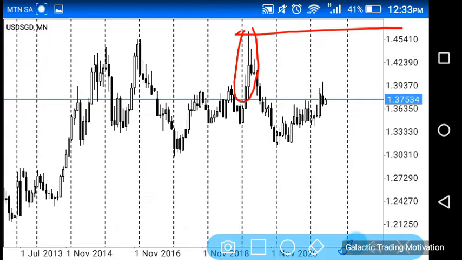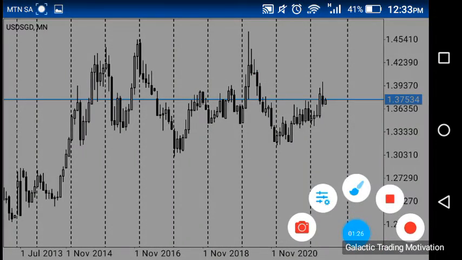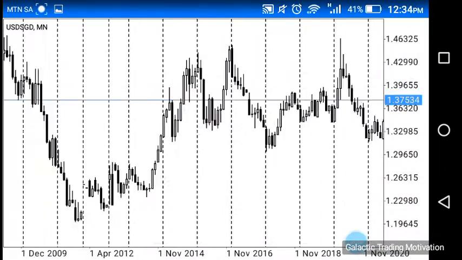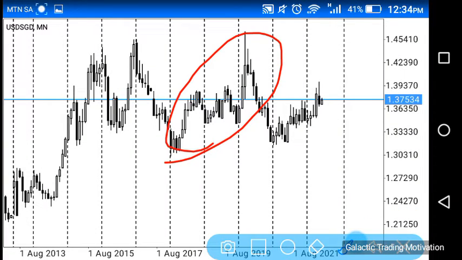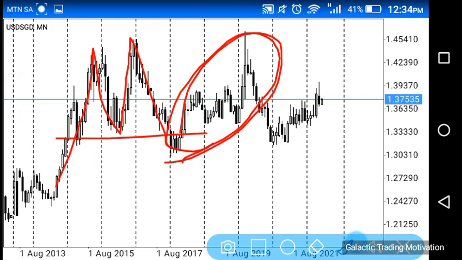Another very interesting thing that I see is that we had this movement over here, and the reason why we had this movement over here is because of this information over here, which had the neckline in that region.